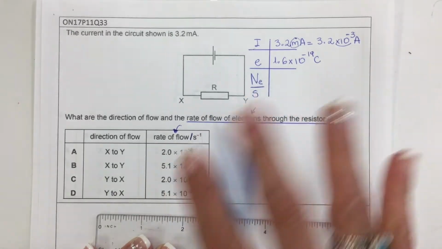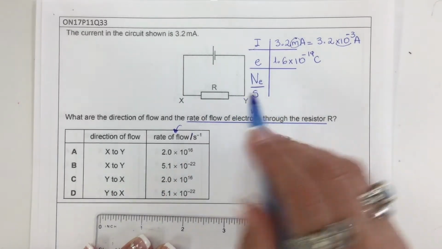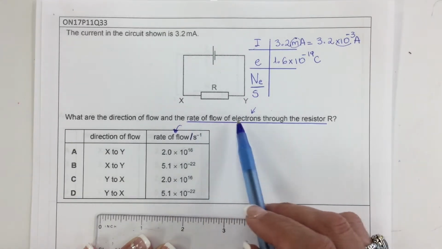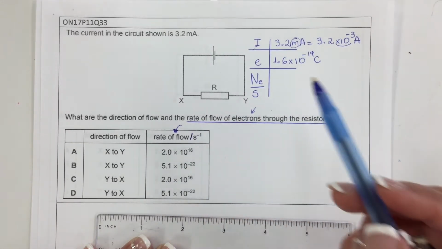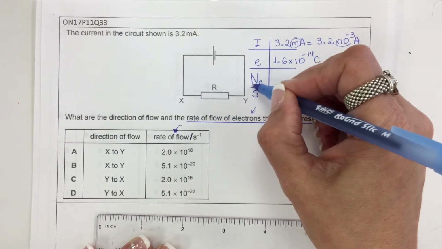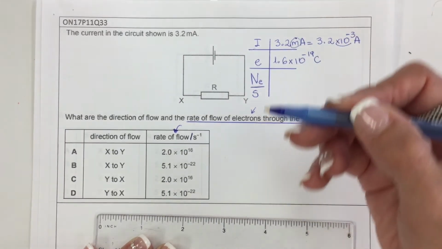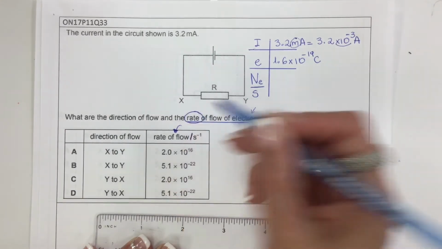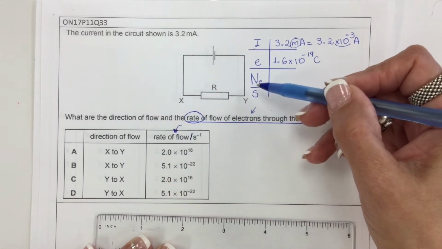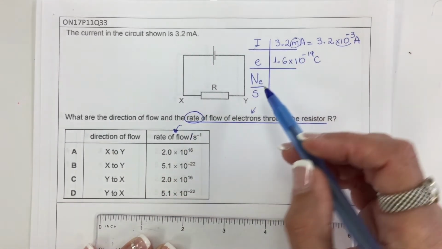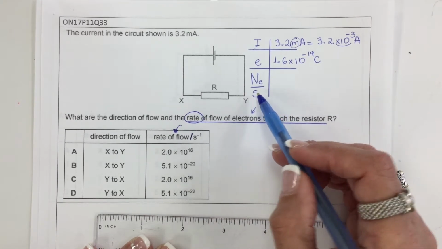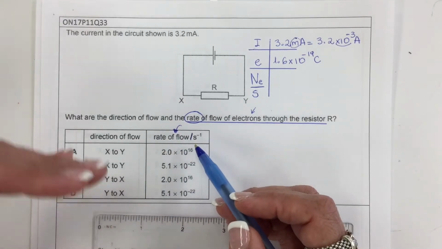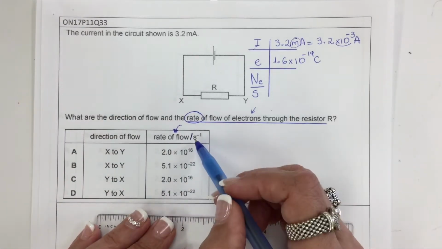There are two things here that I need to discuss. One is the question is asking the rate of flow of electrons. So I'm looking for the number of electrons, but because it's a rate, the word rate means anything that is over time. So the time here, I'm using second because the table is giving me the hint that it will be over second.